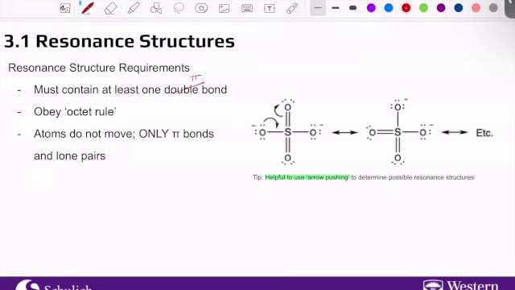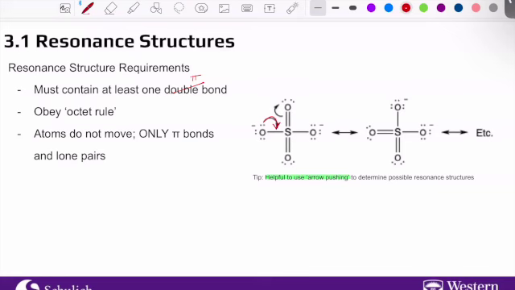On the right here, I show a series of resonance structures. We can see that the lone pair of electrons can go into the pi orbital.